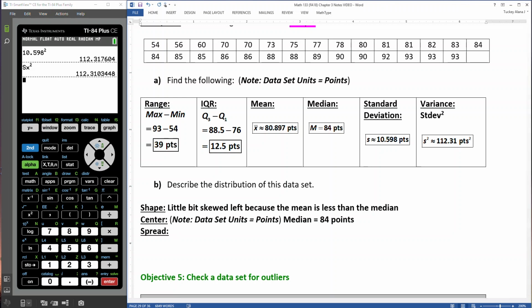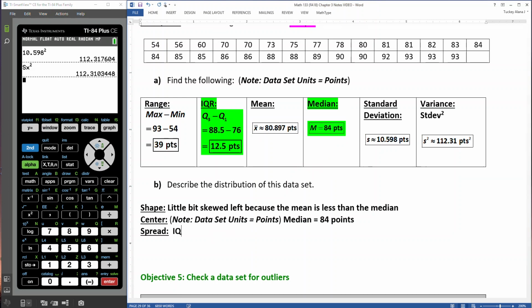Now, as for the spread, you have choices. You can use either the IQR or the standard deviation. In this case, we're going to use, you guessed it, the IQR, because the IQR is resistant to the skewing. So we use median and IQR because they're both resistant.